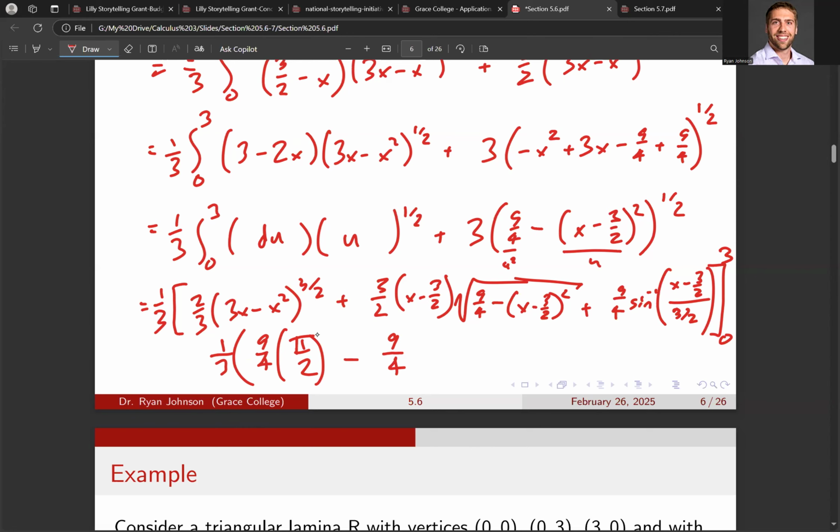You could say either 3 pi over 2 or negative pi over 2, depending on how things are. I think in this case, it's the negative pi over 2. And so the 1/3 goes through, and I've got 3/4 times pi over 2. 3/4 pi over 2 is basically 3/4 pi.